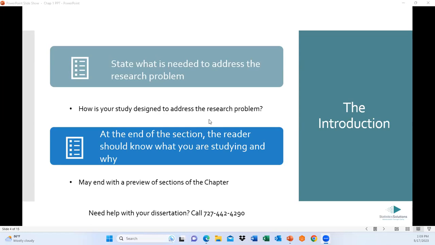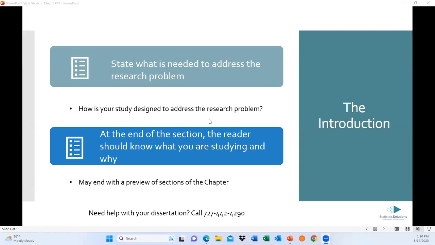And again, this is not a long section, right? You're just putting the material out there, and your reader knows that you're going to fill in the blanks and connect the dots later throughout the chapter. But at the end of the section, your reader should know what you're studying and why. This isn't long, maybe a page, maybe a little less.